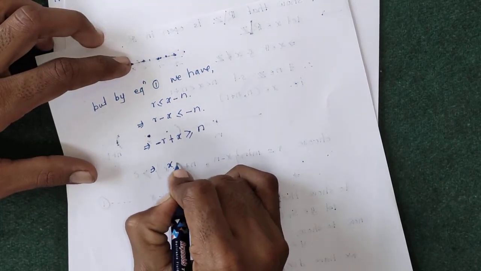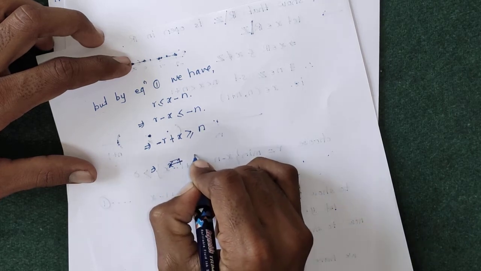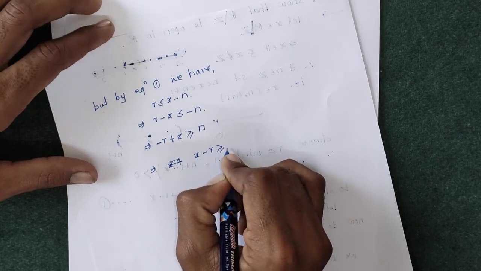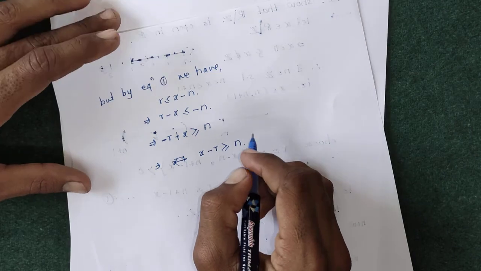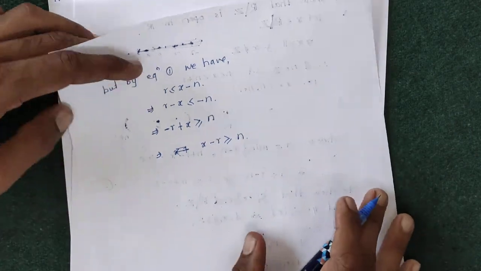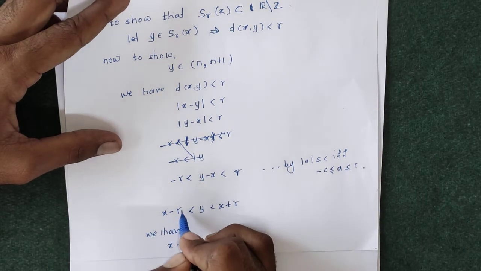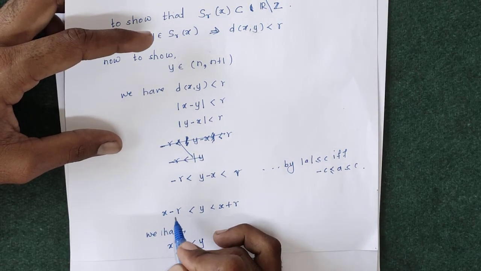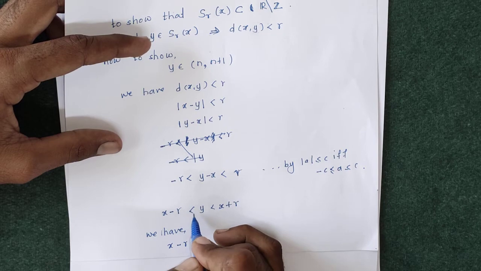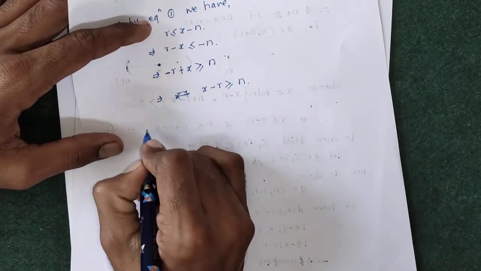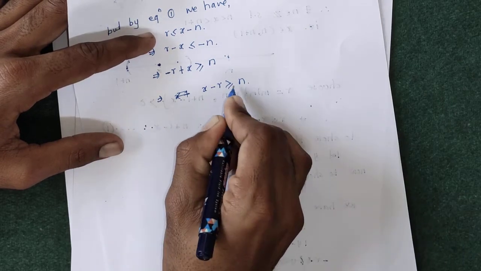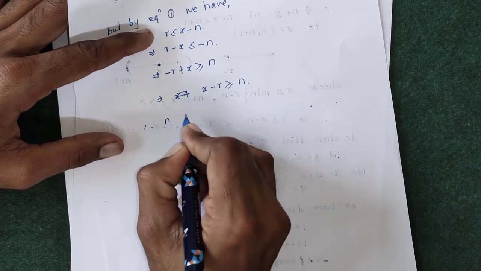So we get x minus r is greater than or equal to n. And in the earlier inequality, x minus r is less than y, and this x minus r is greater than or equal to n. Therefore we can write n is less than or equal to x minus r.